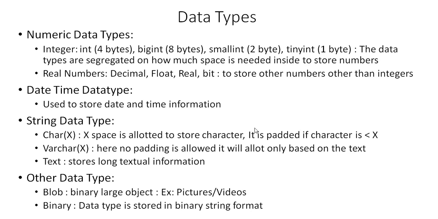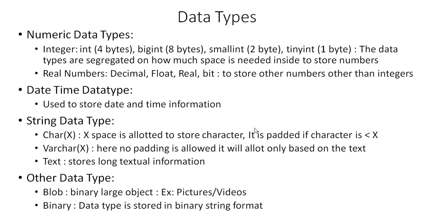And the third one is the string data type. In the string data type, we store fixed length or variable length strings. So char(x), varchar, and text are used as string data types. And char(x) means x space is allocated to store a particular character.